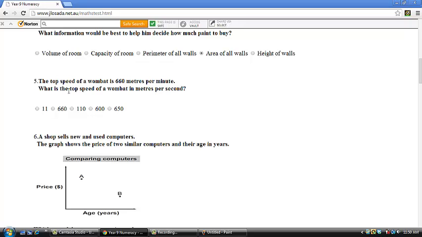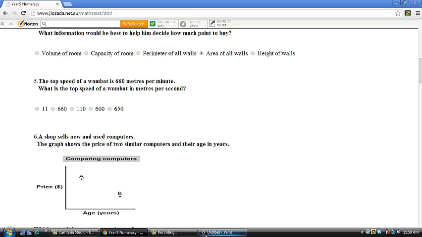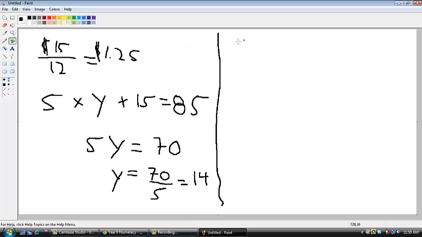Now for question 5, we have the top speed of a wombat is 600 meters per minute. What is the top speed of a wombat in meters per second? So in question 5 we have that the speed of the wombat is 600 meters per minute, and we want to transform that into meters per second.